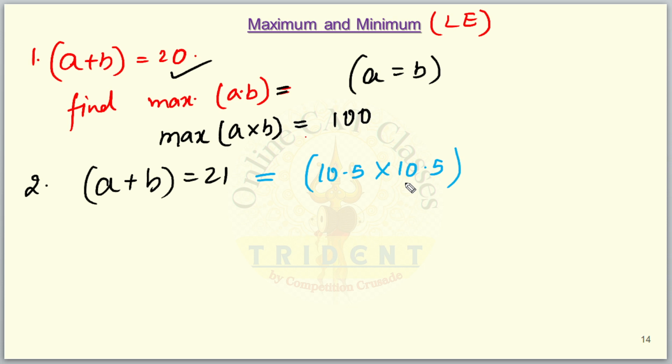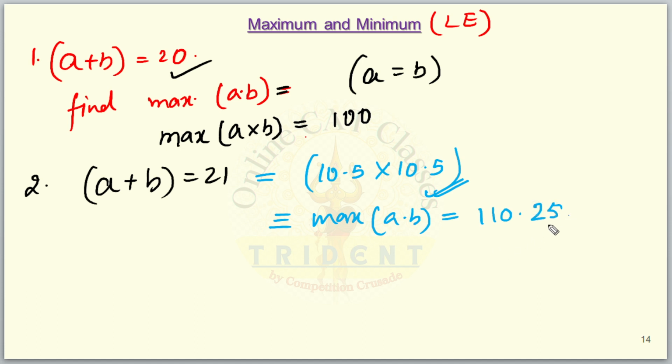10.5 is not an integer. So strictly speaking, 10.5 into 10.5 will be the maximum value of the product a into b, which you can get using the calculator or speed maths, and that is going to be 110.25.